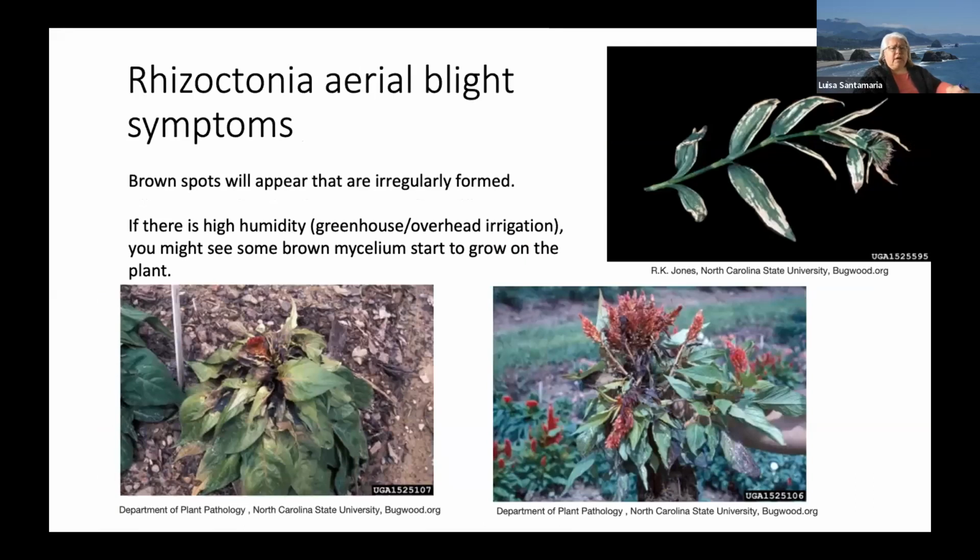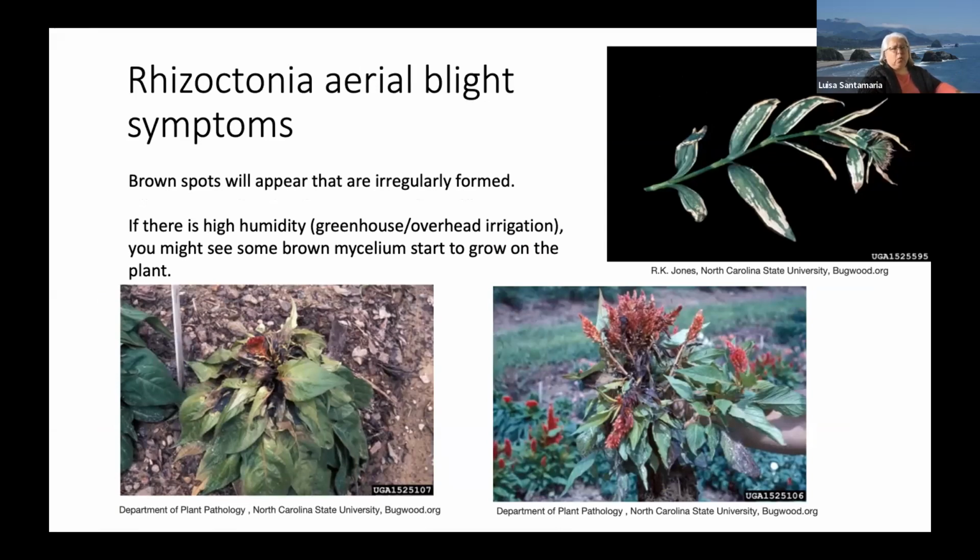Also, this Rhizoctonia is in the soil and is splashed onto the plants with water, with rain, and could attack the aerial parts of the plants, causing different kinds of leaf damage or leaf spots, brown spots. You can see this not only in the field, but also in the greenhouse, where maybe there is too much irrigation.